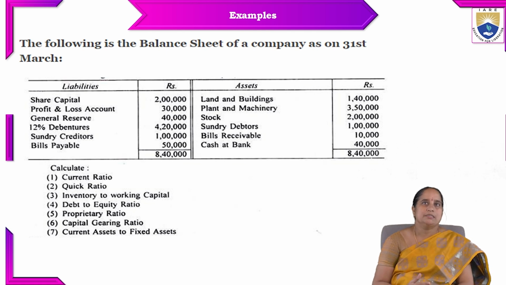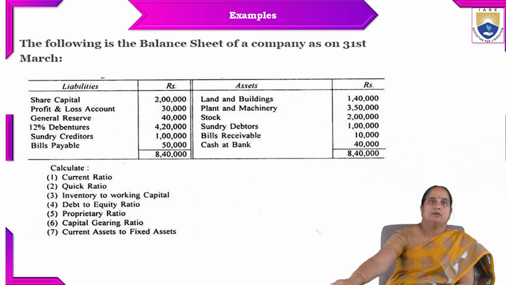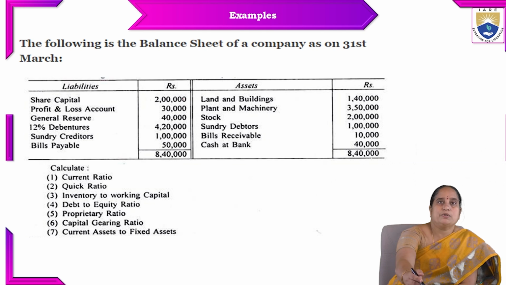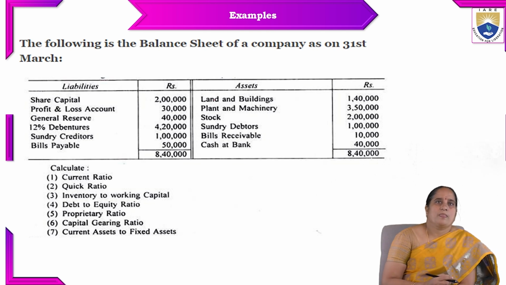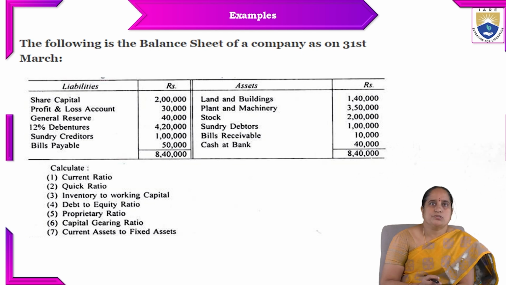The following is the balance sheet of a company as on 31st March. A balance sheet consists of two things: on the left-hand side liabilities, on the right-hand side assets. Using this data: share capital 2 lakhs, profit and loss account 30,000, general reserve 40,000, 12% debentures 4 lakh 20,000, sundry creditors 1 lakh, bills payable 50,000.